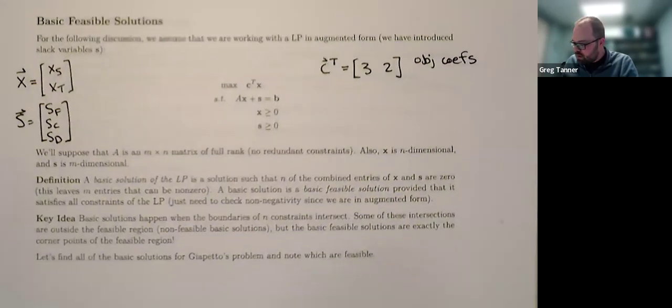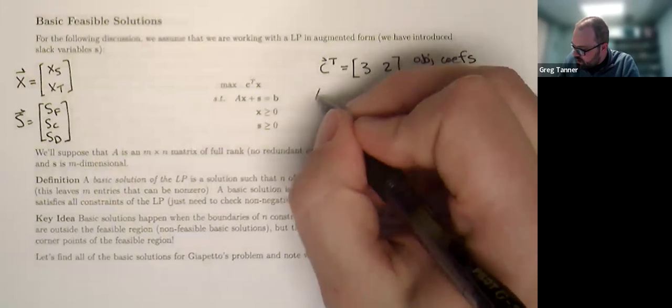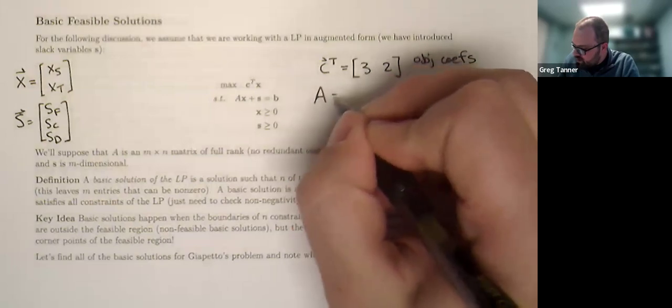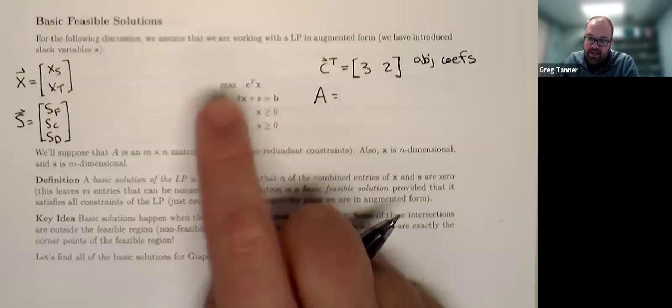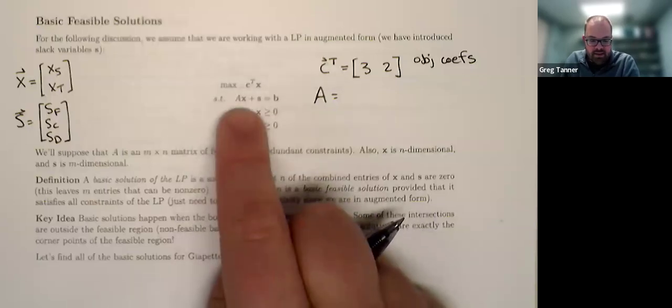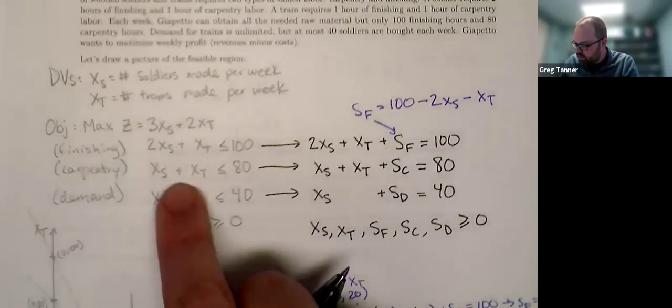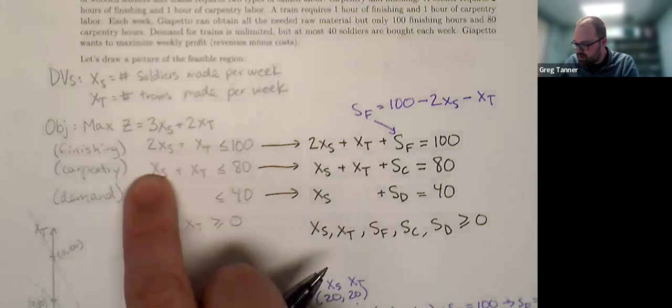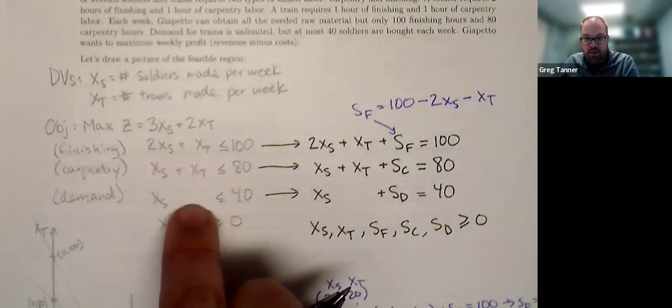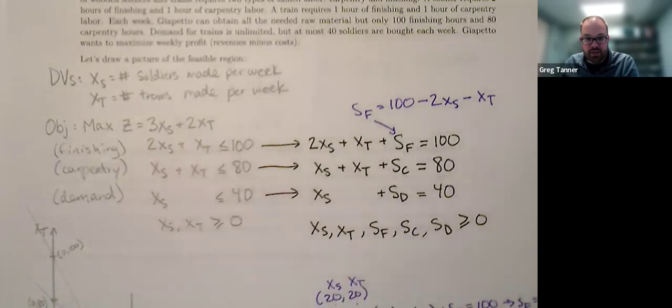Okay. Our A is going to be a matrix. It's our constraint matrix. It's the coefficients of X, S, and XT in the constraints. And so if I look here and look back here, the coefficients of XS and ST are what form the coefficients of the A matrix.